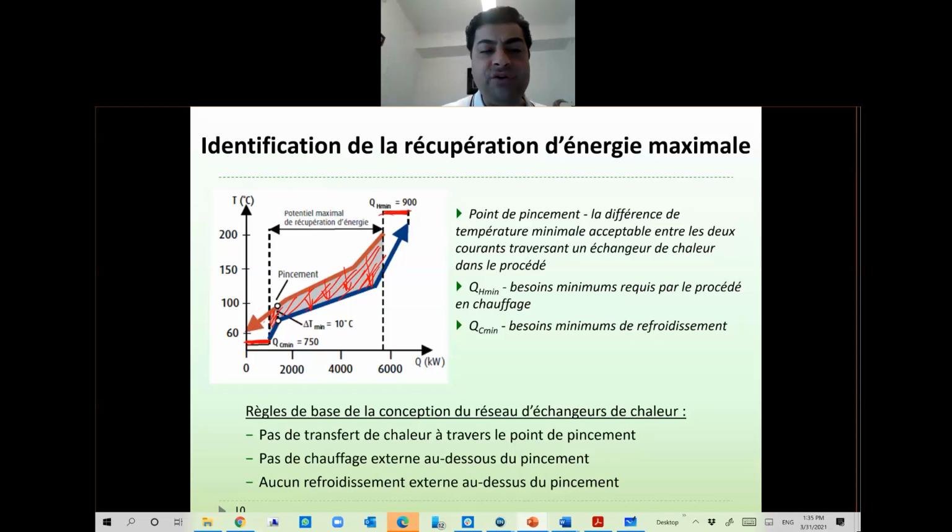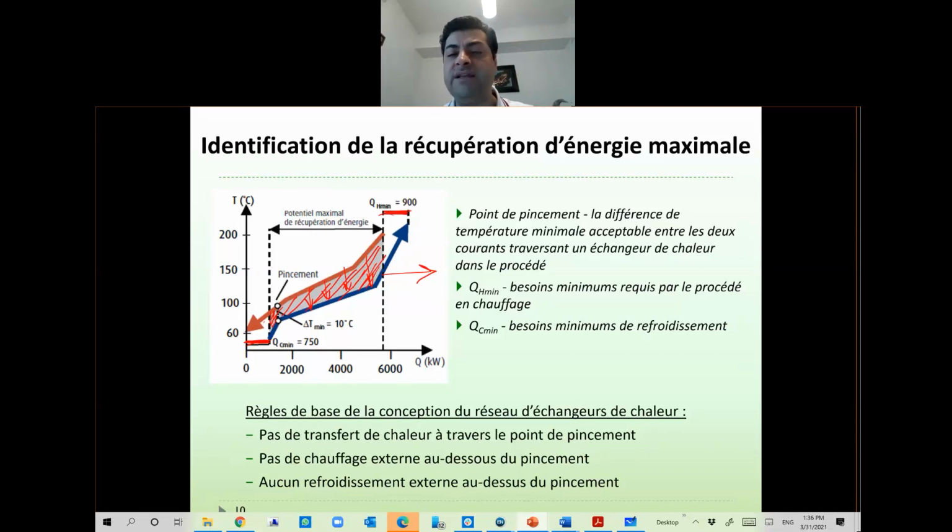Let's say, for example, for this case, this delta T mean is 10 degrees Celsius. But if you switch the cold stream a bit to the right, you can see that this overlapping zone will be less.